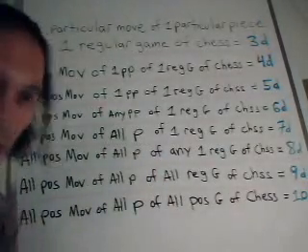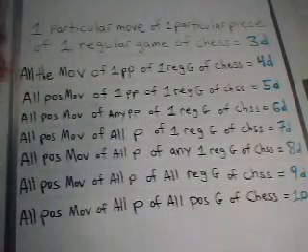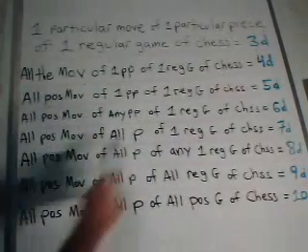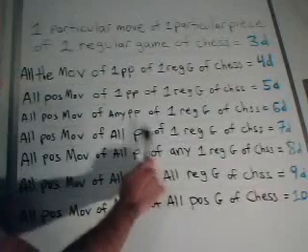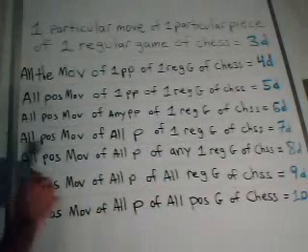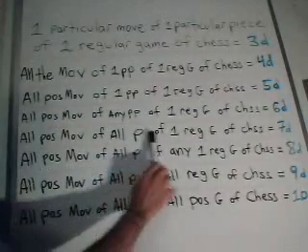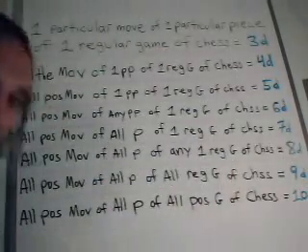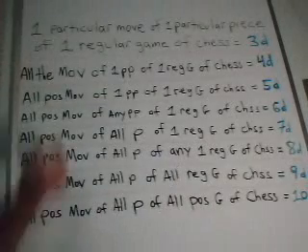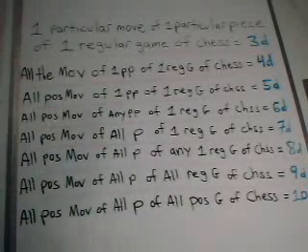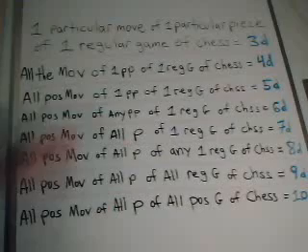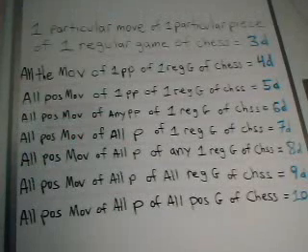A multiple amount of any piece, that's all. All pieces. 7D would consist of all possible moves of all pieces of one regular game of chess. That's 7D. Condense 7D to a point, and 8D will consist of a multiple amount of 7D points.